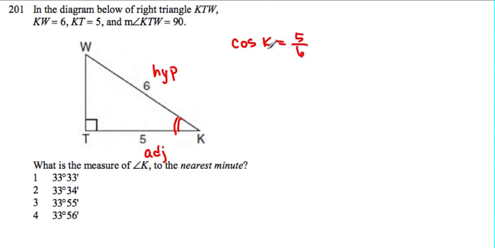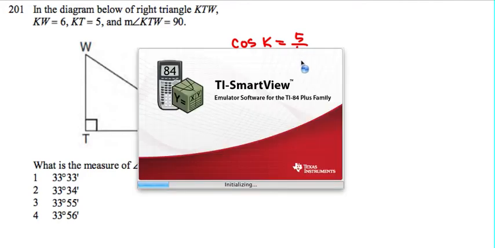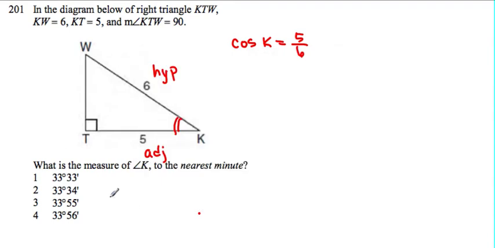Now, in order for us to find the value of K, we can use the calculator, and basically what we have to do is the second cosine, and let that be equal to 5 over 6. Now, notice we have to convert them into the decimal minutes. So we'll try to do that together.